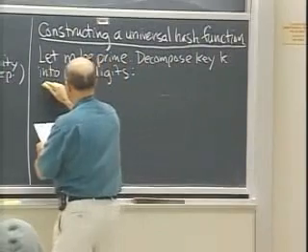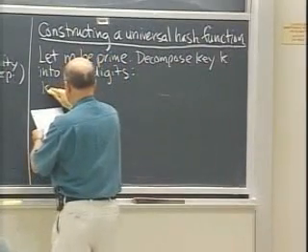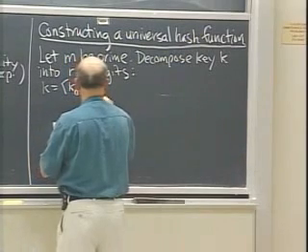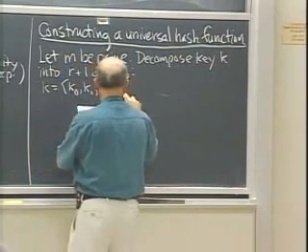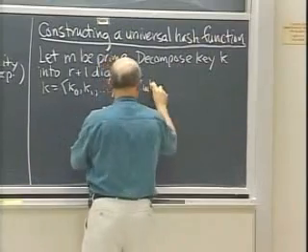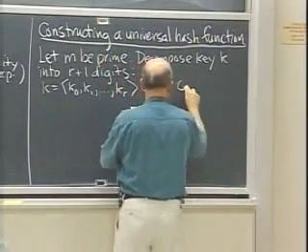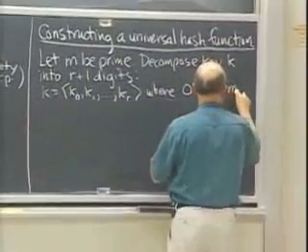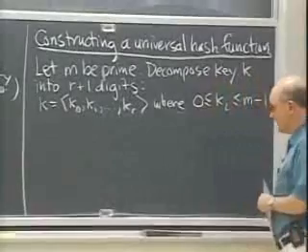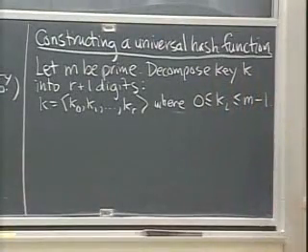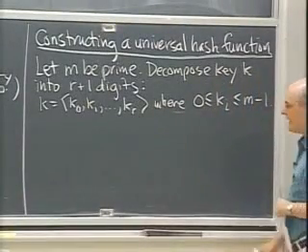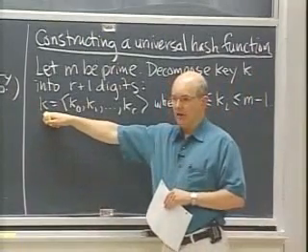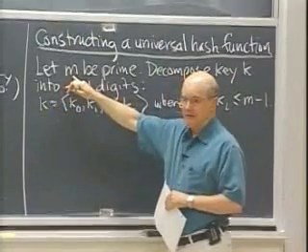So k we're going to look at as being k0, k1, through kr, where 0 is less than or equal to k sub i is less than or equal to m minus 1. So the idea is, in some sense, we're looking at what the representation of k would be in base m.